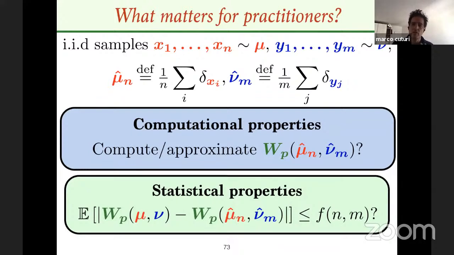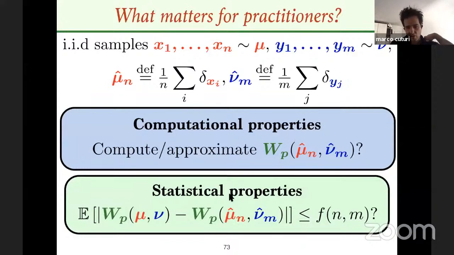If you're trying to, let's say, evaluate the Wasserstein distance between mu and nu, the only thing you have access to is samples, and you could compute the Wasserstein distance between samples, but there's no guarantee at all that this is in any way related to the Wasserstein distance between the densities. Then maybe this was not really worth the effort.